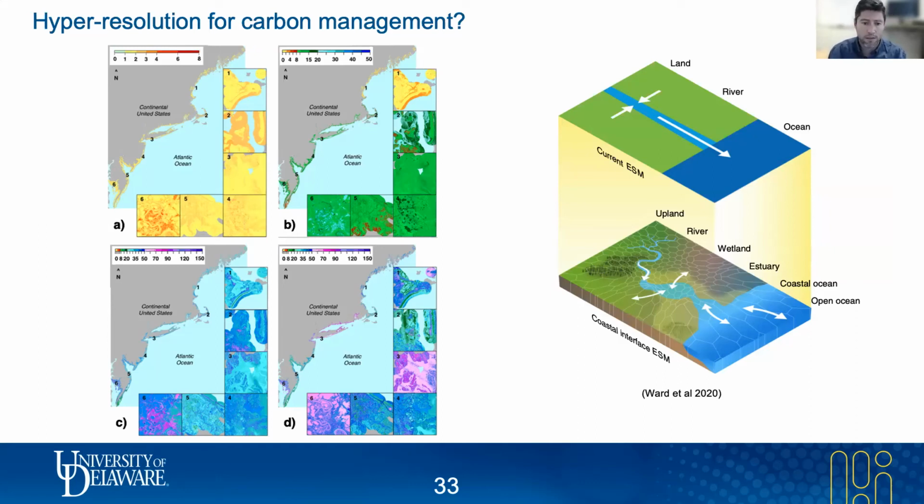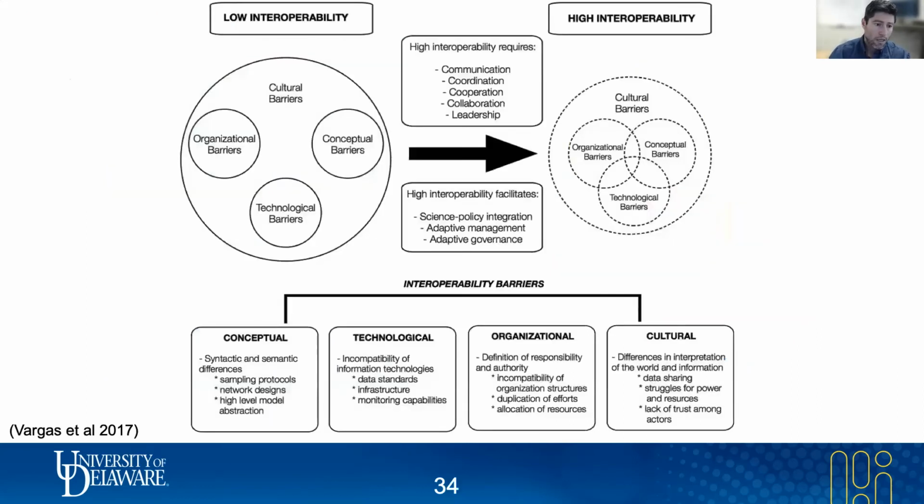And I want to end the talk with some challenges of what I call the interoperability barriers. You probably have heard the word interoperability, but we get stuck on technical aspects. But if we're going to develop observatory networks, we have to think about different barriers. The first one is what I call the conceptual barrier.